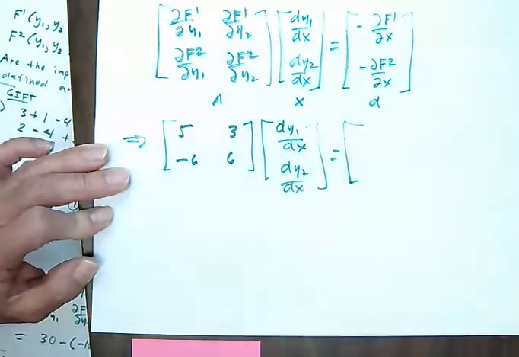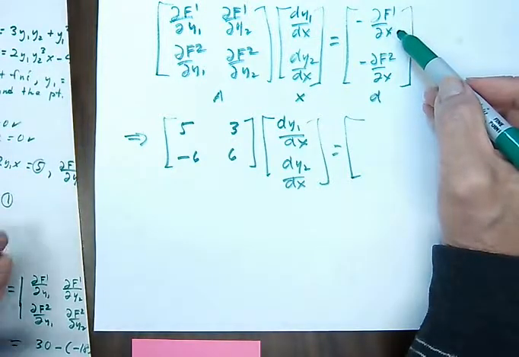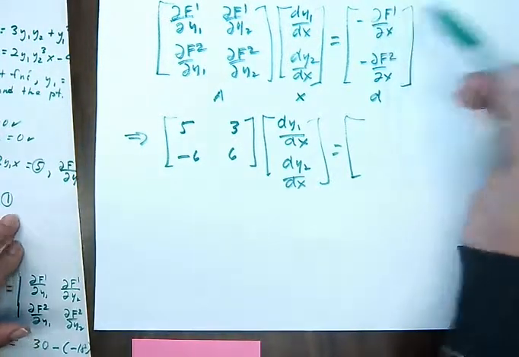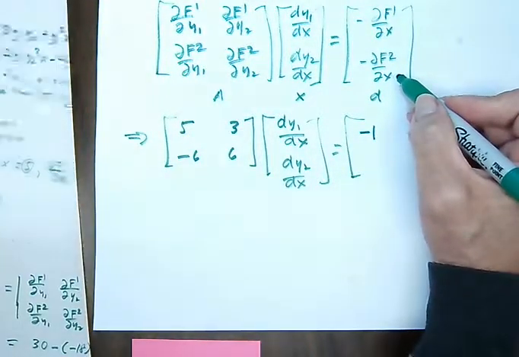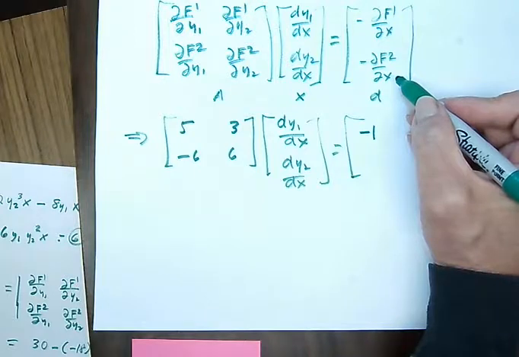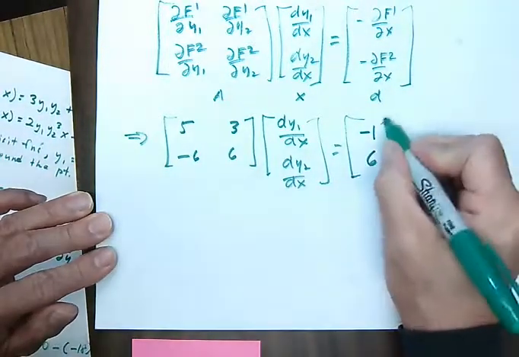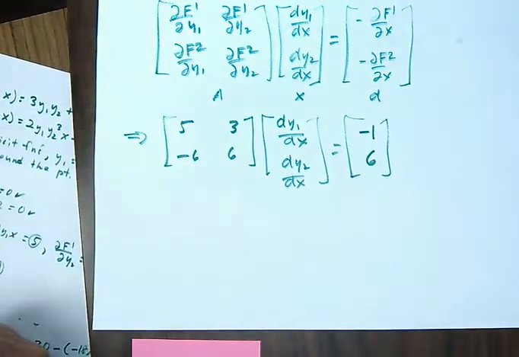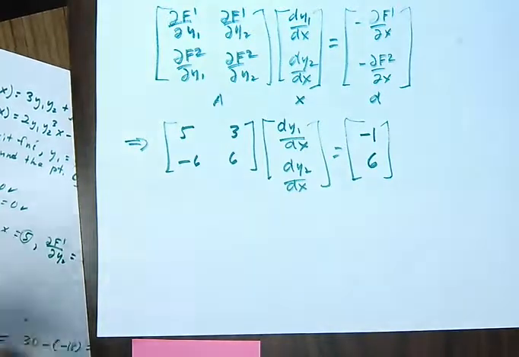In our D matrix of constant terms, we already solved for partial f1 partial x, which was 1, but we need the minus of that, so that first element is going to be minus 1. The partial of f2 with respect to x we already solved for, and that was minus 6, so the minus of that is a plus 6. So now all we have to do is use Cramer's rule, and we should be able to solve for these derivatives of our implicit functions.